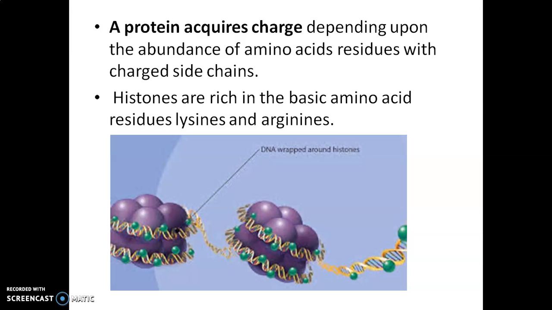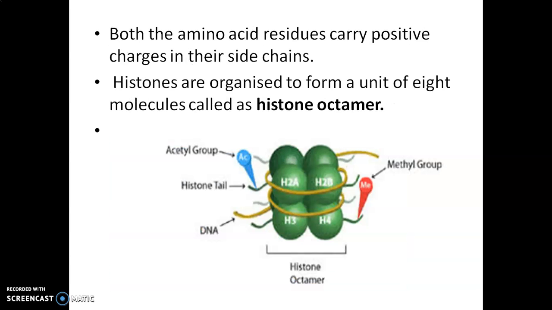Amino acids are connected by CONH bonds, a polypeptide, and the protein is produced. These histones are rich in basic amino acid residues, lysine and arginine. That's why it is positively charged.